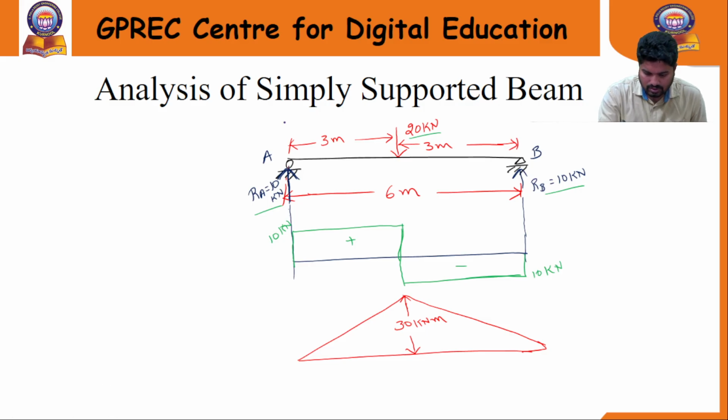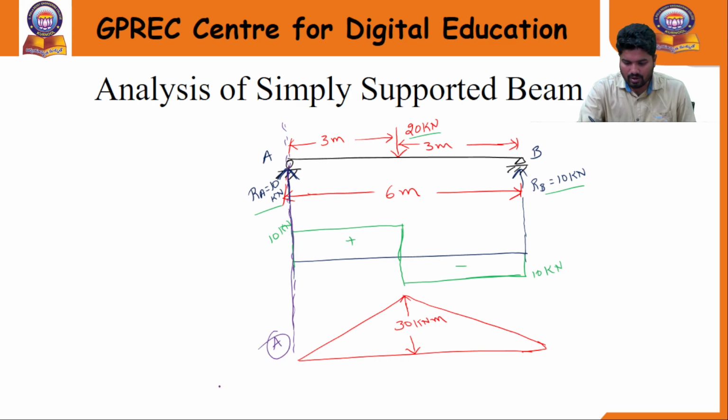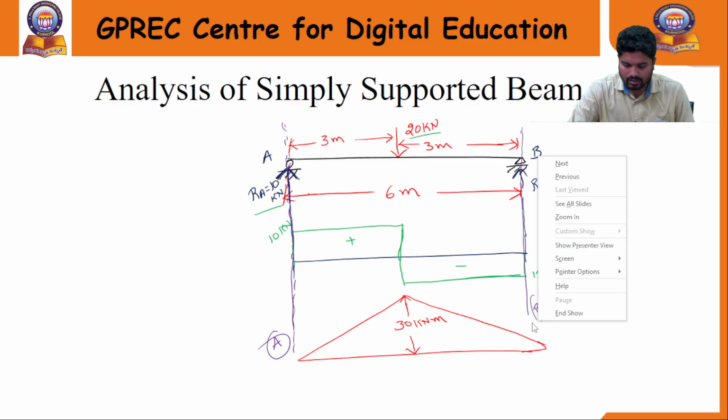So this is my grid A. And one more grid we have here, that is at B, which I am going to consider as grid B.